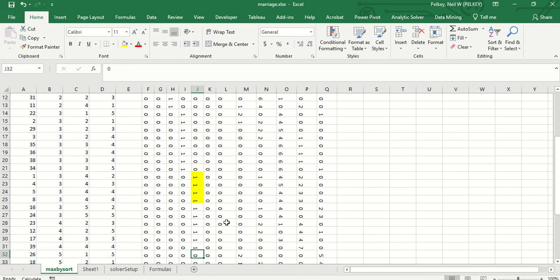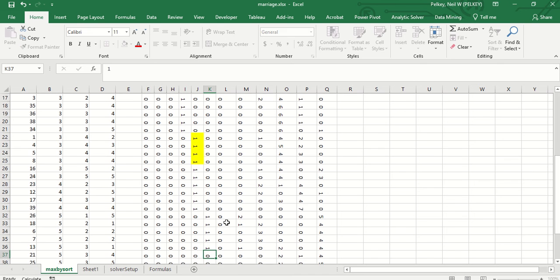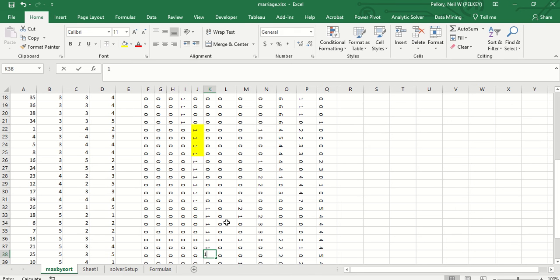Now we're into 5s, so we're going to give our 5s their first choice. 1, 1, 1, 1, 1, 1, 1, right? So we have 1, 2, 3, 4, 5, 6, 7, 8. So those 5s don't get it.